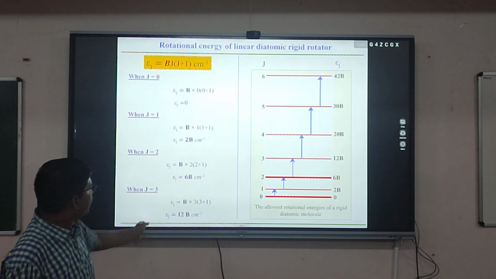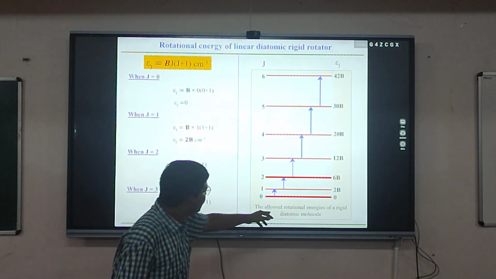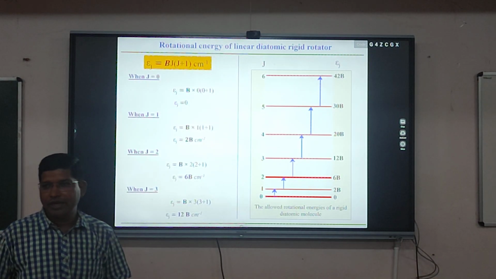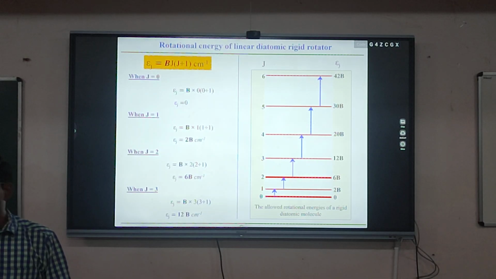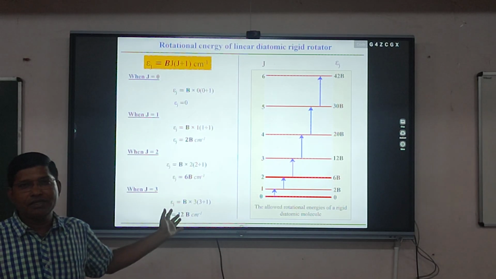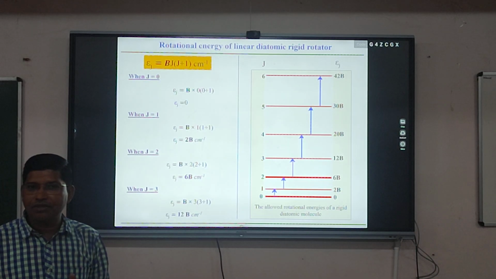Now based on that, we have the allowed rotational energy of a rigid rotor diatomic molecule, and there can be questions. What questions can arise in this energy or selection rule? What is a selection rule?